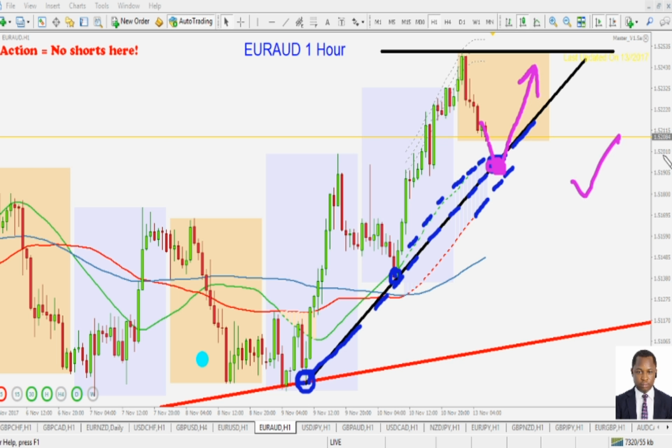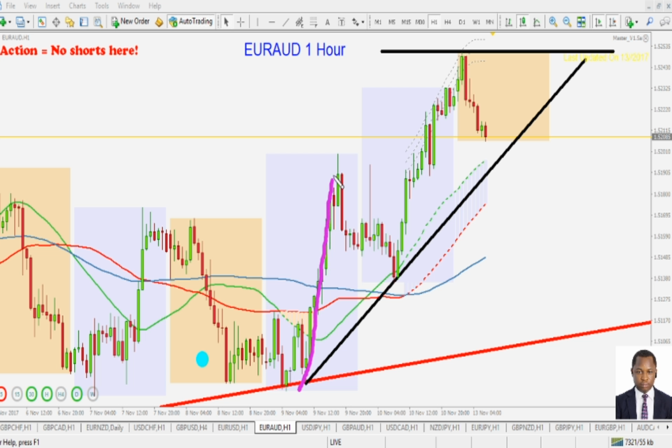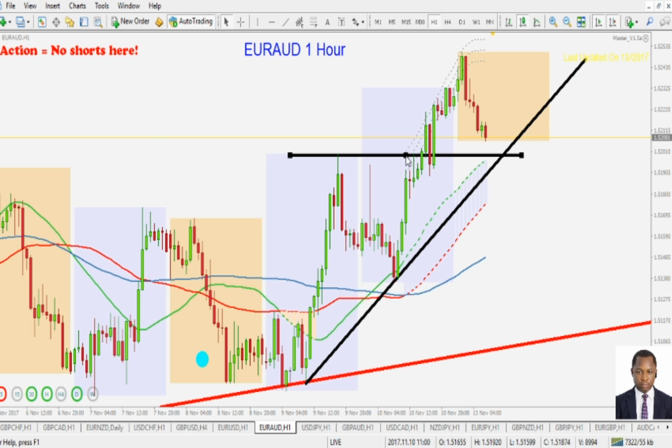Okay, so that's one. The other one is the previous swing high. You can see how price took off, gave us that previous swing high right here. We are going to place a line around that area just to see where it falls. Let's use this line here from the previous swing high.